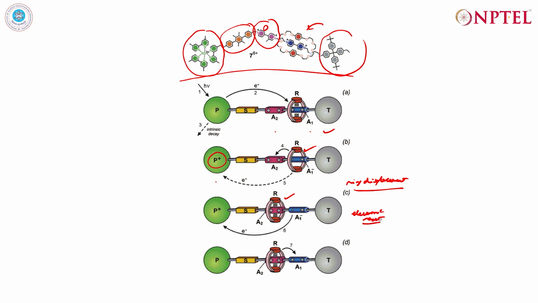Now at this particular state, again you can have an electronic reset, where the electron can now go back from A1 minus back to the photosensitizer. If this happens, then again this will be a less stable arrangement. This will be followed by a nuclear reset where it now comes back to the initial configuration. So you see that there are different processes which are involved here.